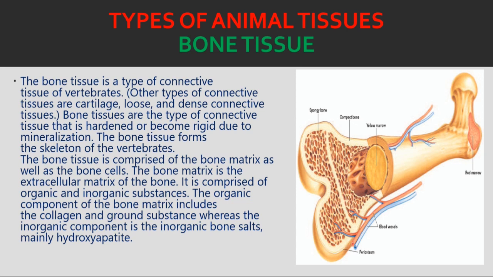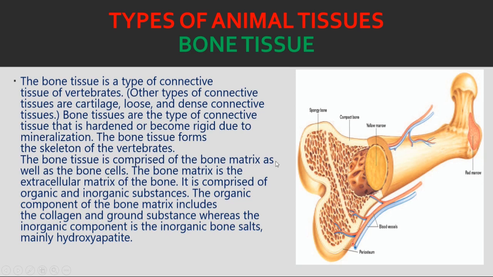Before the muscles, before the nerves, before the blood-circulating heart, before the arteries, veins, capillaries, before all these formations, the skeleton used to form up. The bones used to form up, and these bones are basically made of bone tissue, which is present mostly in vertebrates.